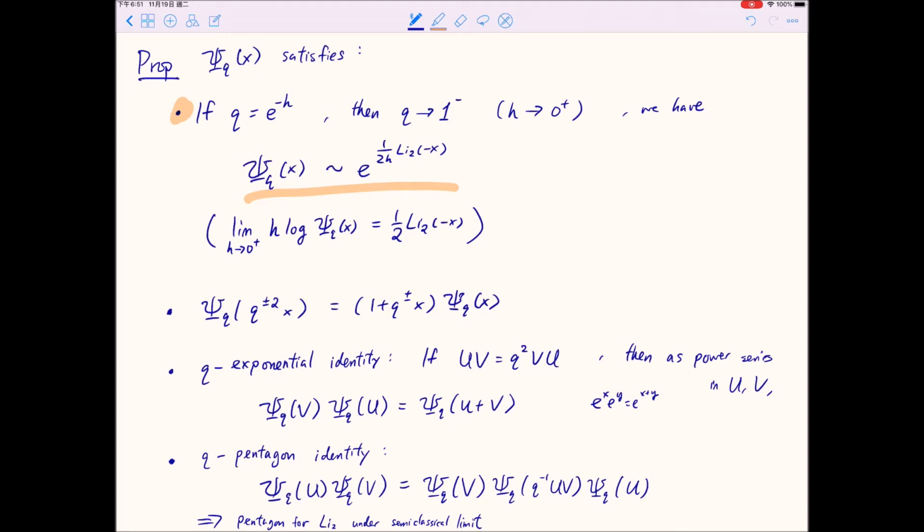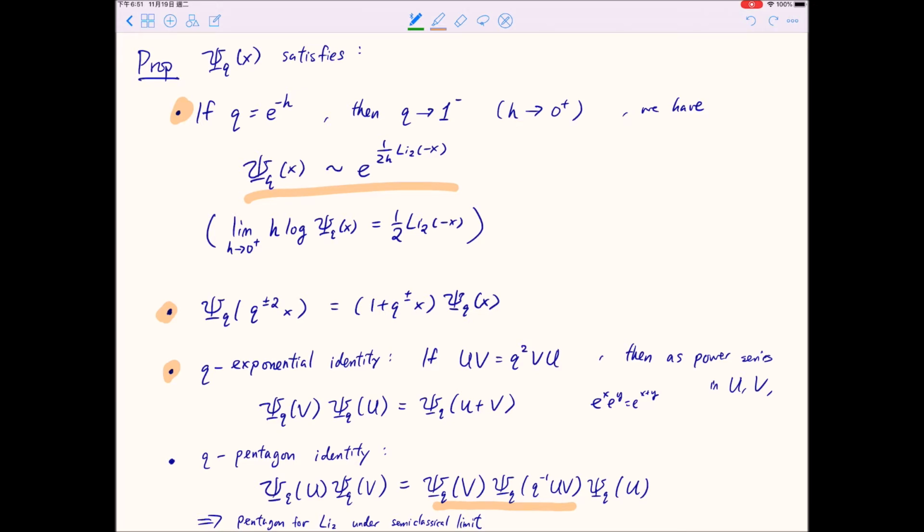So these identities actually can be shown by combining these two functional equations. The pentagon identity can be shown by combining the two functional equations. So usually what people write is that this part will be combined to, because v and q square u commute, so uv also q square commutes with v.